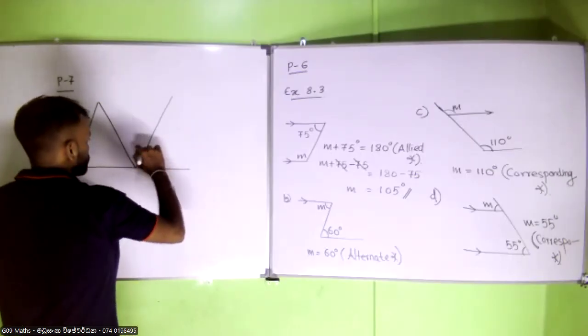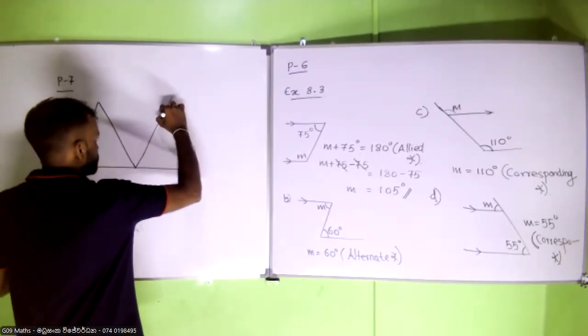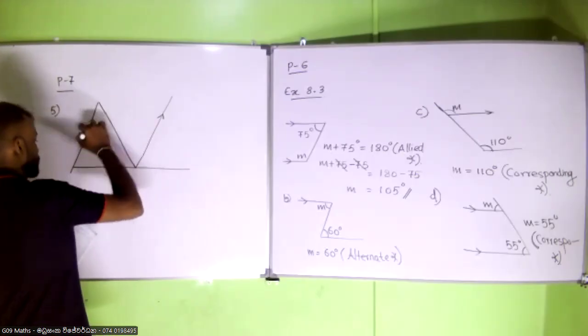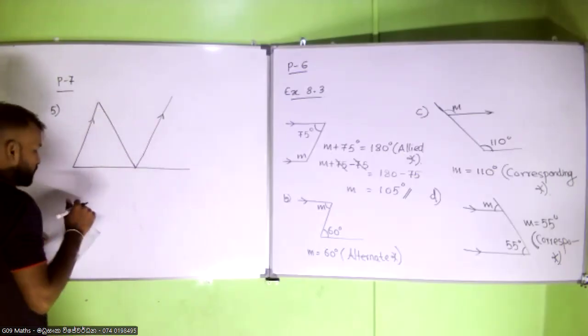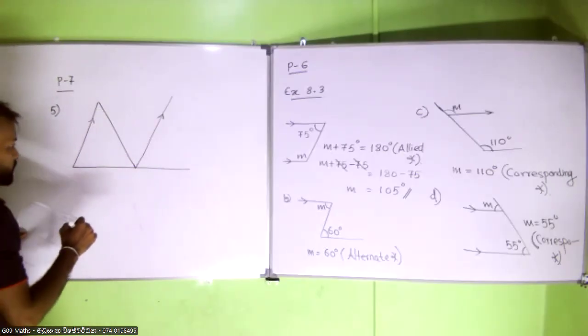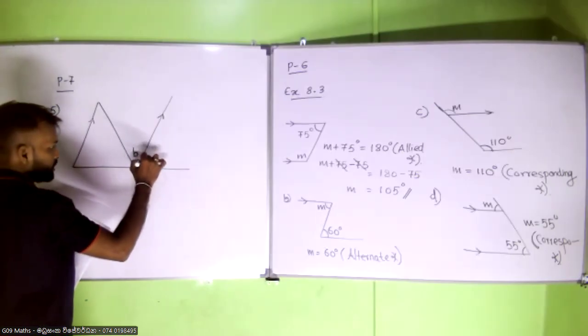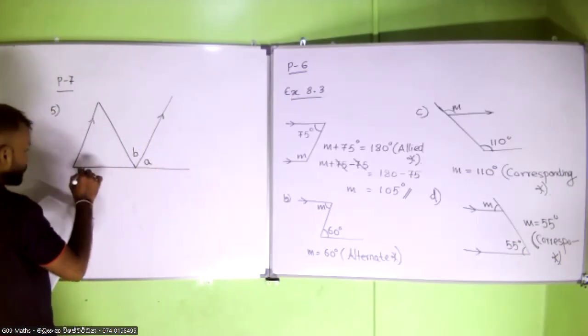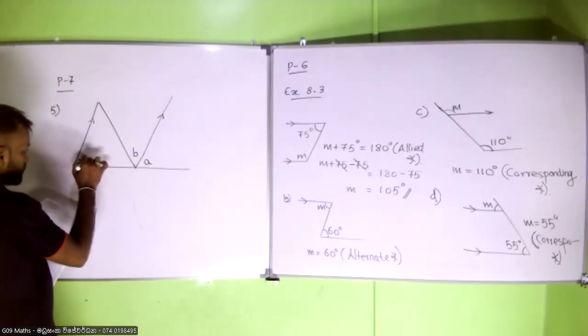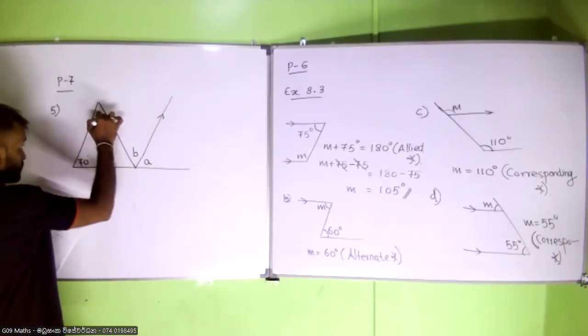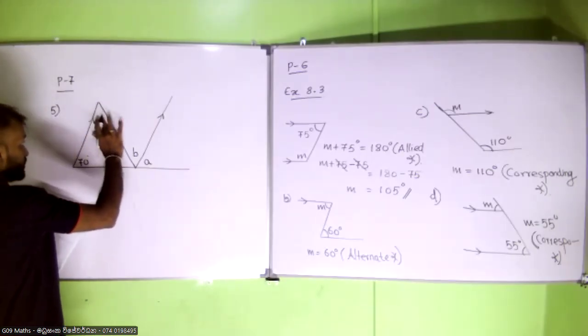These two lines are parallel, this line and this line. So this angle is B, this angle is A. And this is 70 degrees. This is 60 degrees.